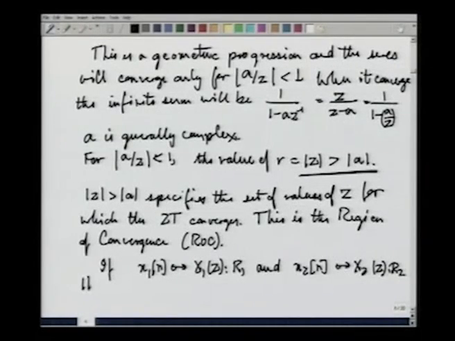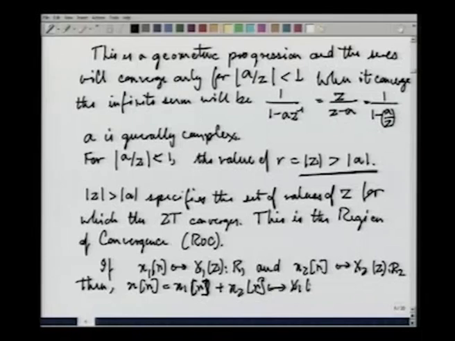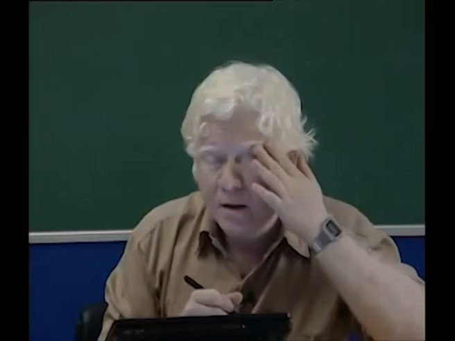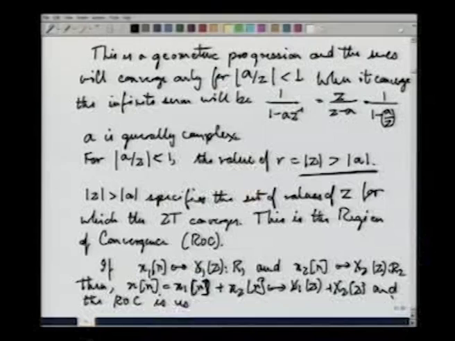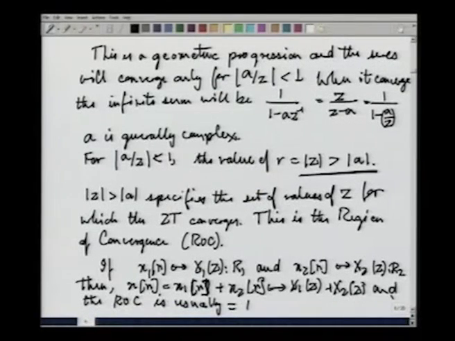then x[n] equal to x1[n] plus x2[n] will have a transform of X1(z) plus X2(z), and the ROC is usually equal to R1 intersection R2, but not always.